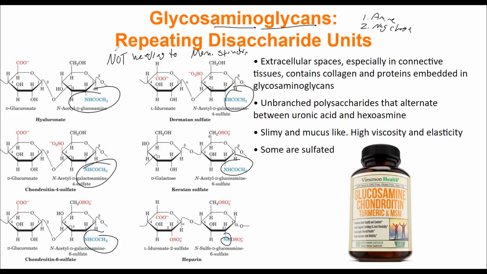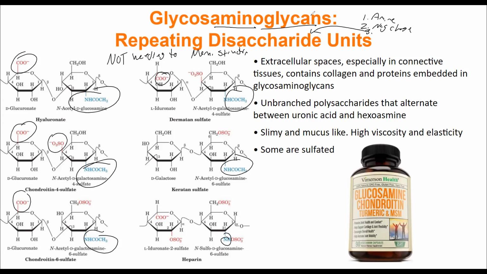At another OH location, you have put negative charge. So they have amines, they're very negatively charged, and 3, they are repeating disaccharide units. Those are the 3 basic characteristics of glucosaminoglycans.